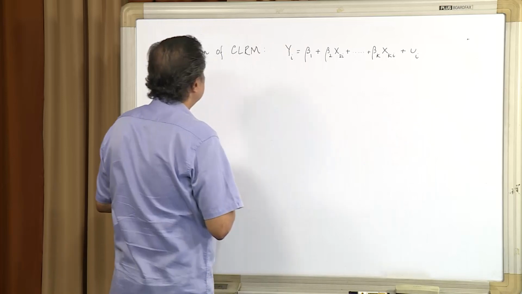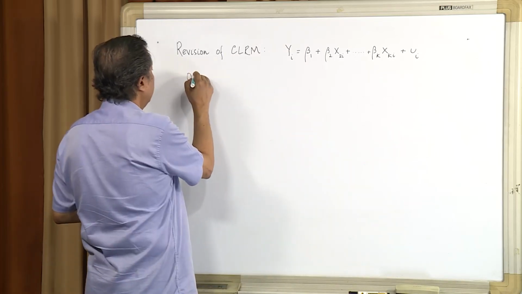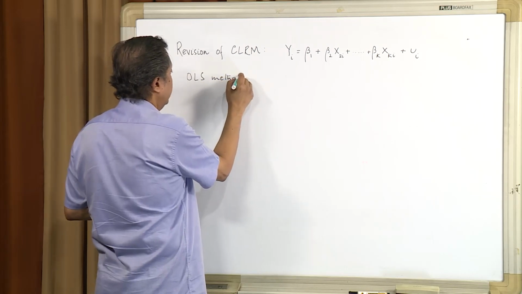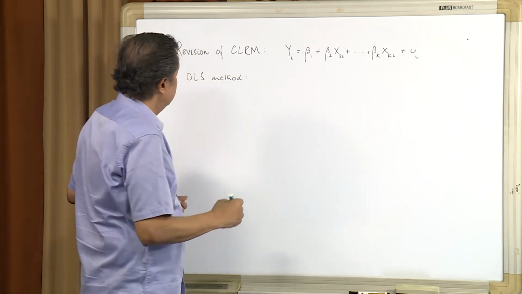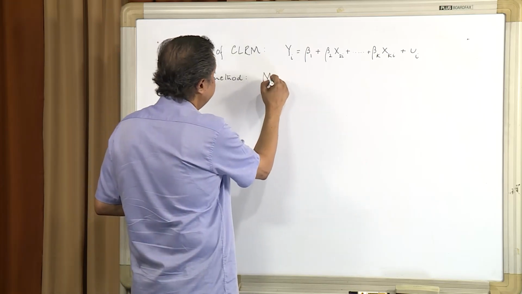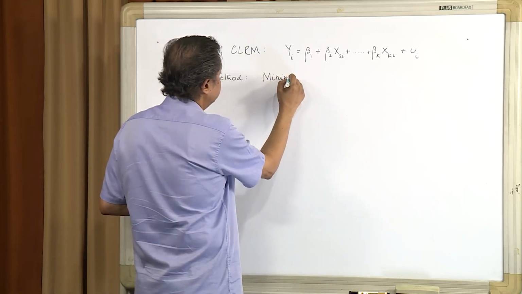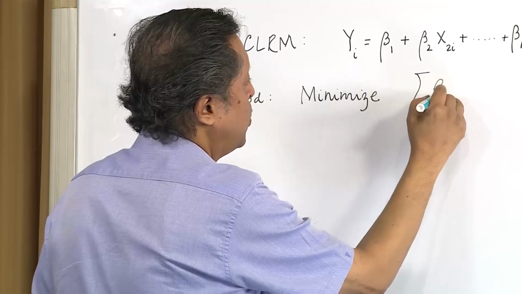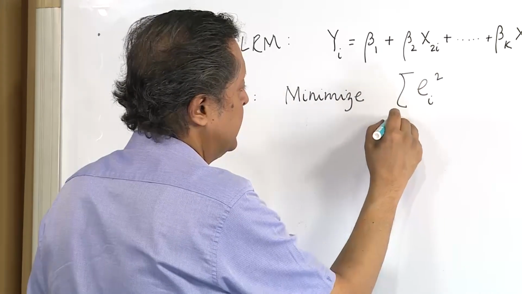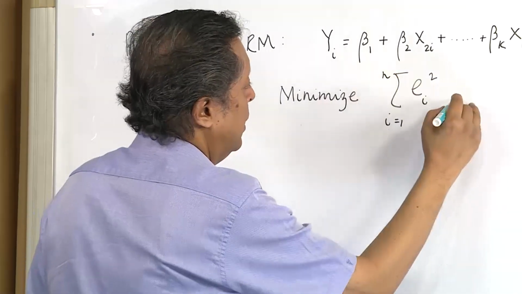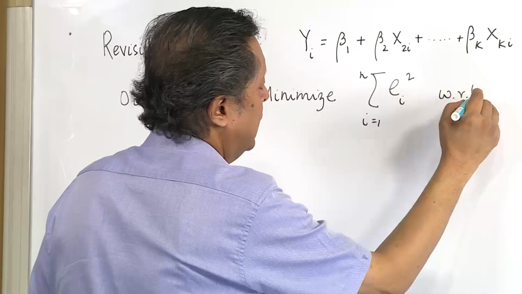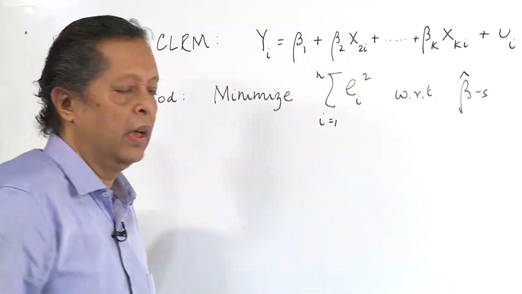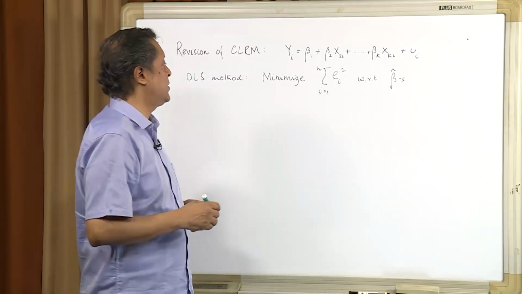So, the OLS method of estimation is to minimize the sum of square of errors with respect to the beta variables, which are estimated as beta hats.